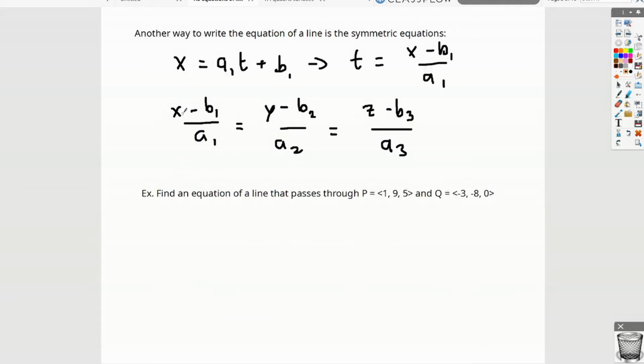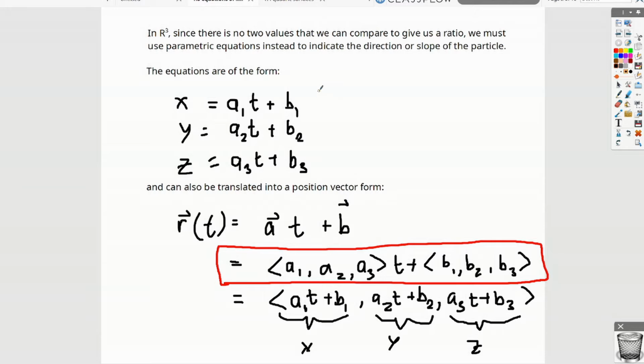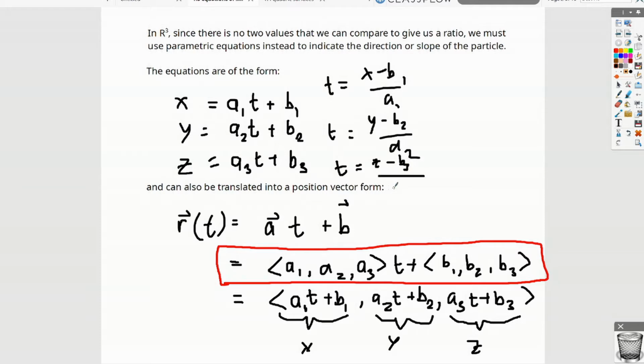So you get (x minus b1) over a1 equals (y minus b2) over a2 equals (z minus b3) over a3. So t equals (x minus b1) over a1, t equals (y minus b2) over a2, and t equals (z minus b3) over a3. Since they're all equal to t, they're equal to each other.